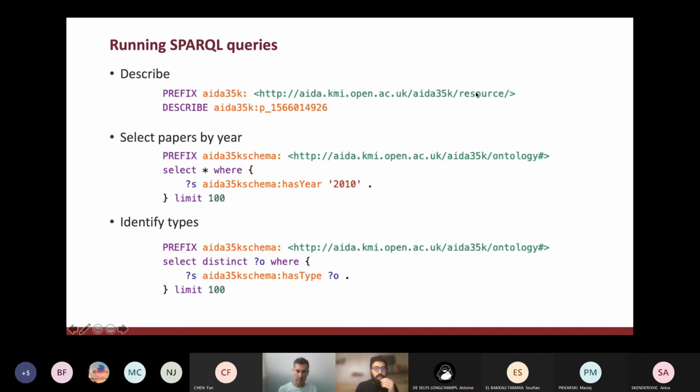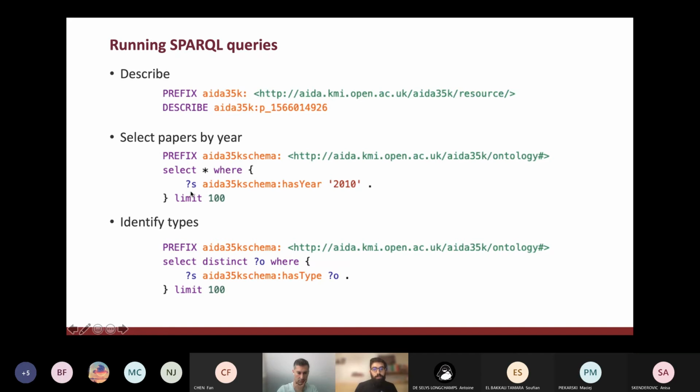It's a resource. Then if we want to select papers by year, imagine I have a year like 2010, and I want to select all subjects, in this case papers, because as I mentioned, there is a relationship between the year and the paper, which is as year, and you can use this prefix AIDA 35K schema, which is different from this one.